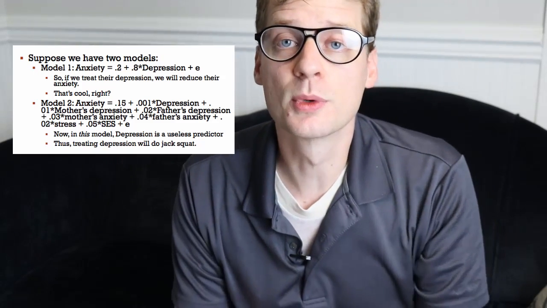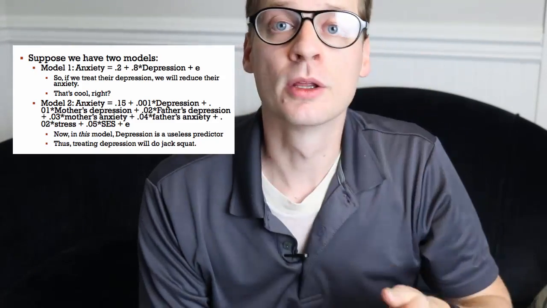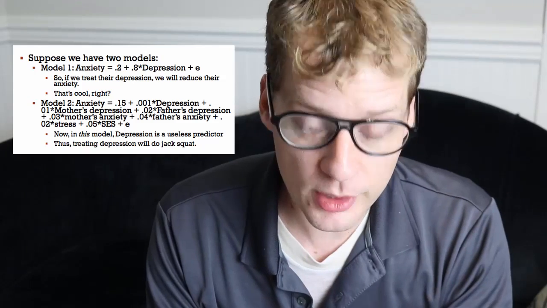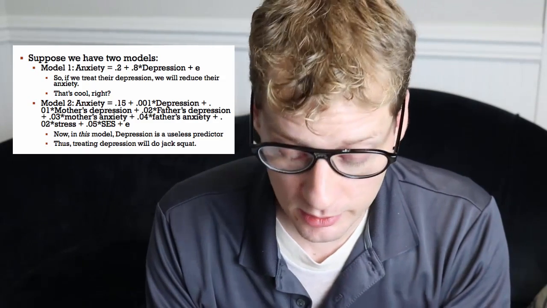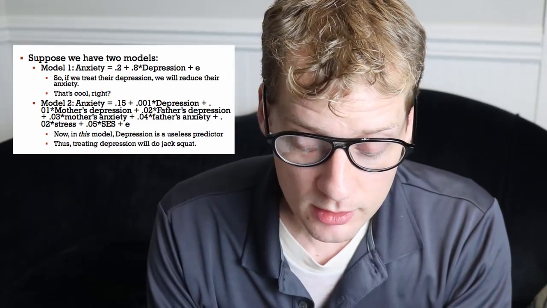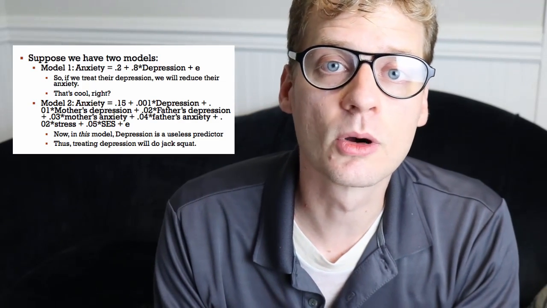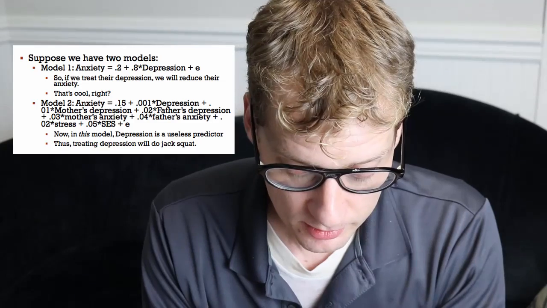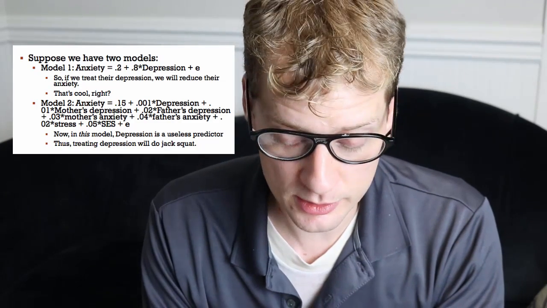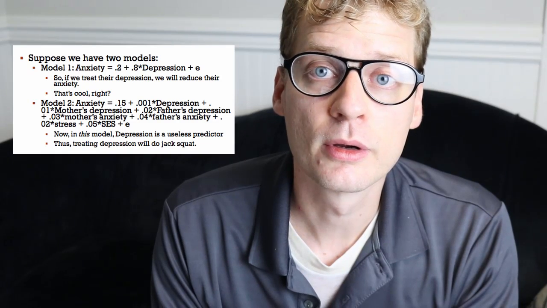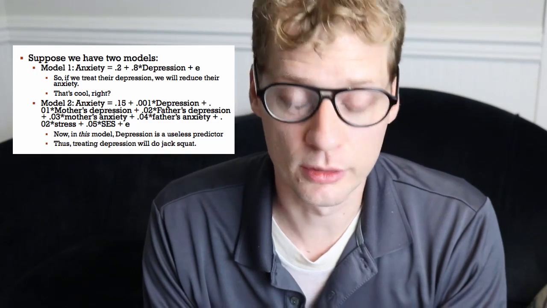And so in the first model, we see that depression is an important predictor in the model, 0.8 coefficient, and in the second model, it is only 0.001. And so in the second model, it seems to indicate that depression is not an important predictor in the model.